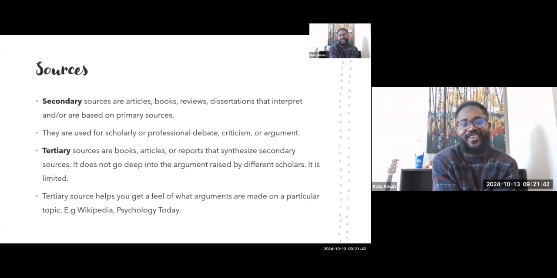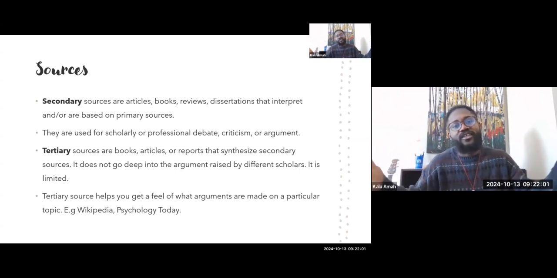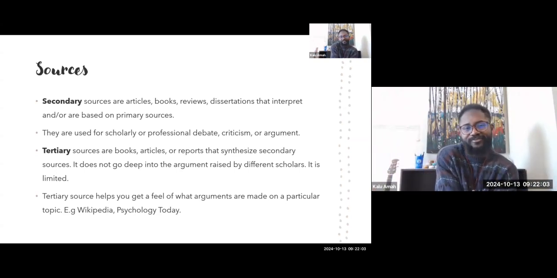A lot of you use Wikipedia. When I was doing my masters at UNN, one of my professors hated it if you told him that you got information from Wikipedia. He wouldn't take you seriously, because he sees Wikipedia as a kind of synthesis of what different scholars have done. Then we also have Psychology Today, where they publish different secondary sources.